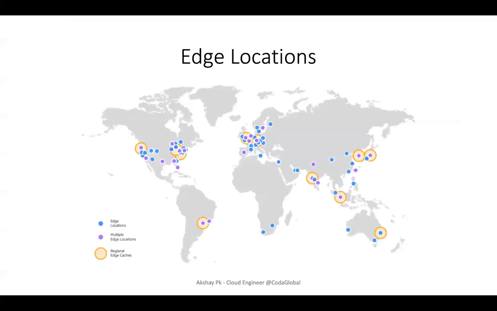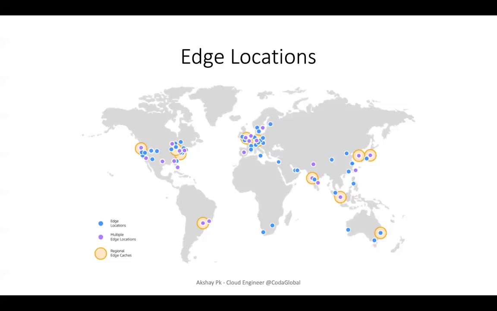This map is pretty outdated, because we have 216 right now. The blue dots mention edge locations, the purple ones mention multiple edge locations in that place, and the orangish circle mentions a regional edge cache, which I like to think of as a bigger cache to save your data for a longer period of time.